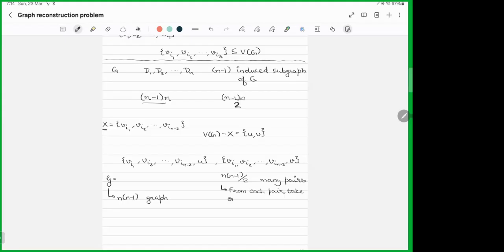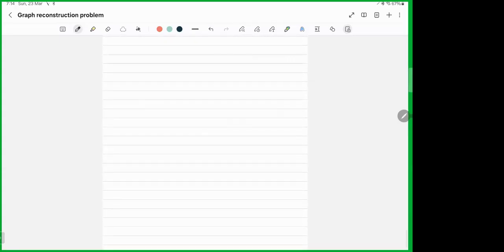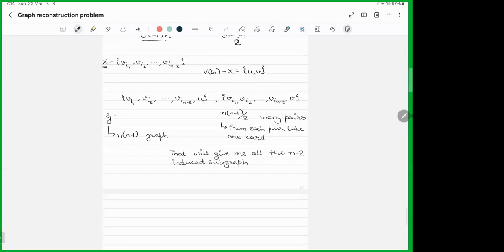Take one card, and that will give me all the n minus 2 induced subgraphs. So everyone got the idea of how we are getting the n minus 2 induced subgraphs?